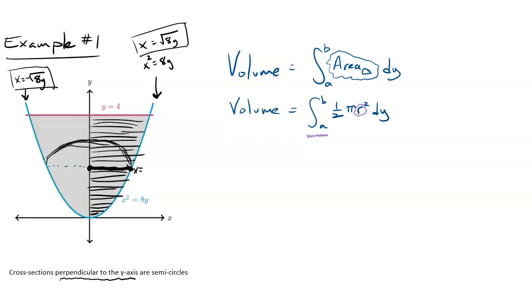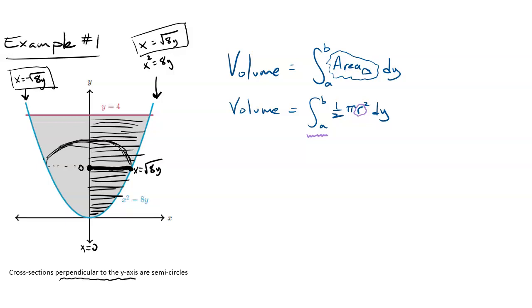So the right-hand side of this line that I have drawn, my radius, is square root of 8y. The left-hand side of this line is x equals 0. So the left-hand side never moves, but the right-hand side does.